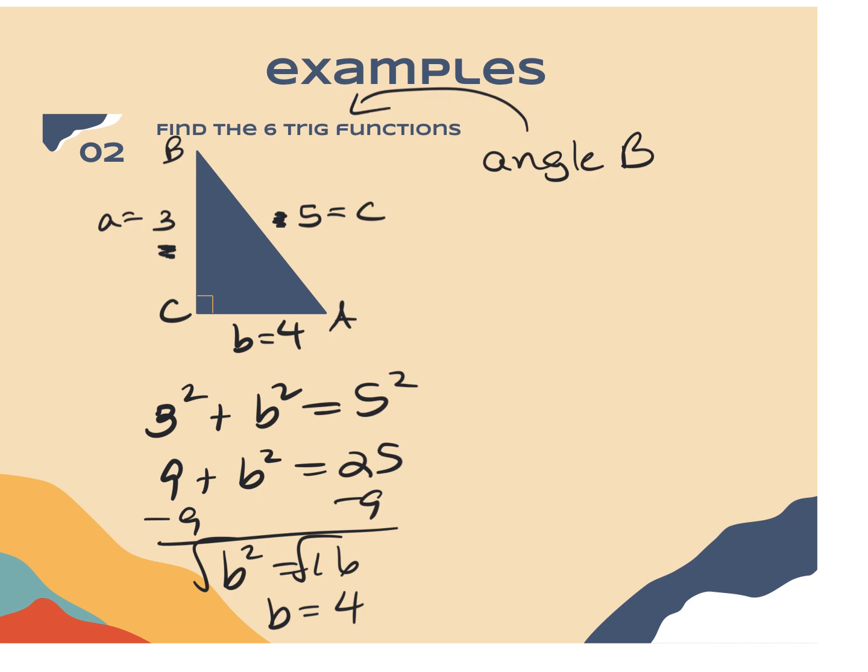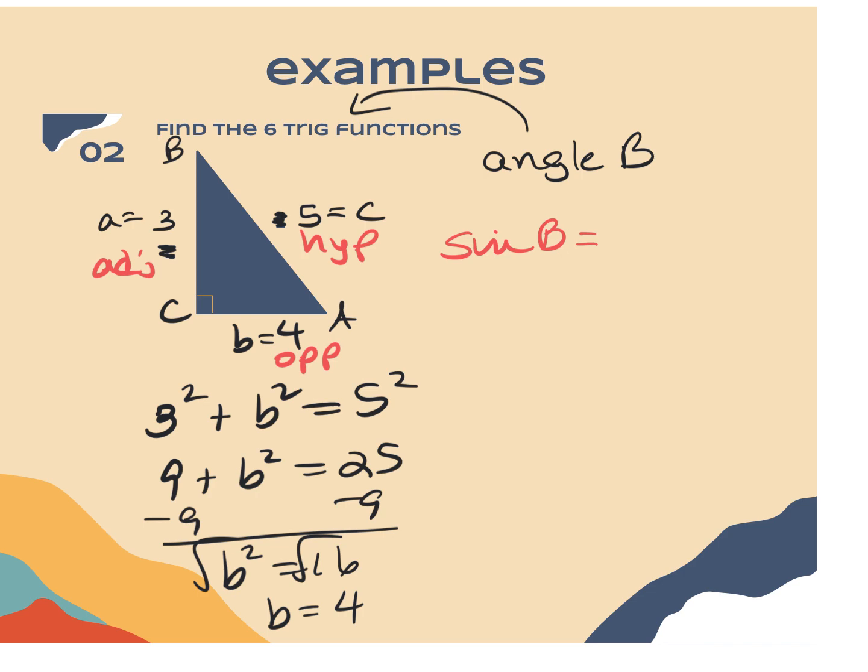So here, if I'm labeling my sides based off of angle B, always label the hypotenuse first, and then the side opposite to B is here, and then the side adjacent would be here. So now if I fill it in, the sine of B, and I'm going to fill in my numbers.